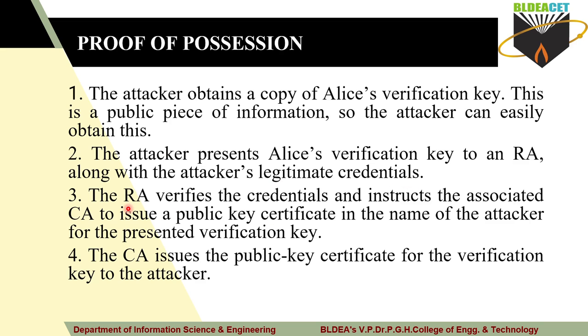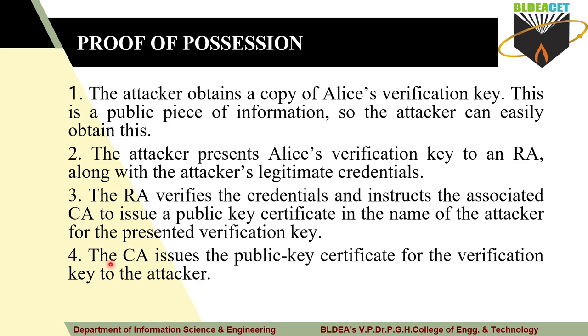So the RA will verify the credentials and instruct the associated CA to issue a public key certificate in the name of the attacker for the presented verification key here. So all the credentials are verified by the RA and the RA will recommend to the CA to issue the public key certificate in the name of the attacker.